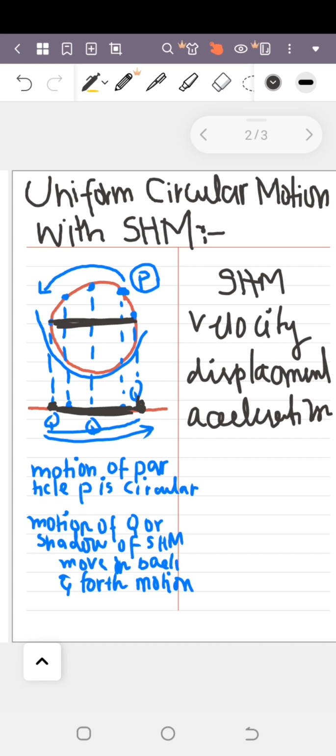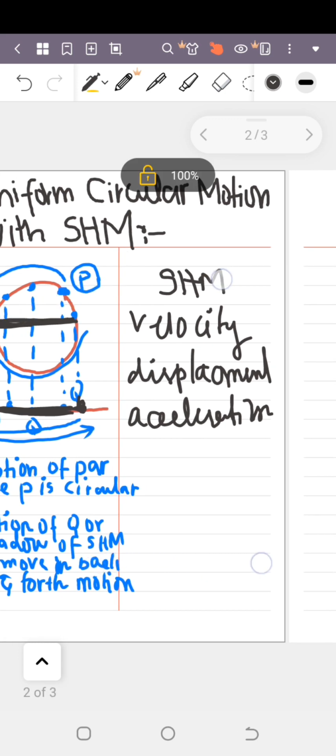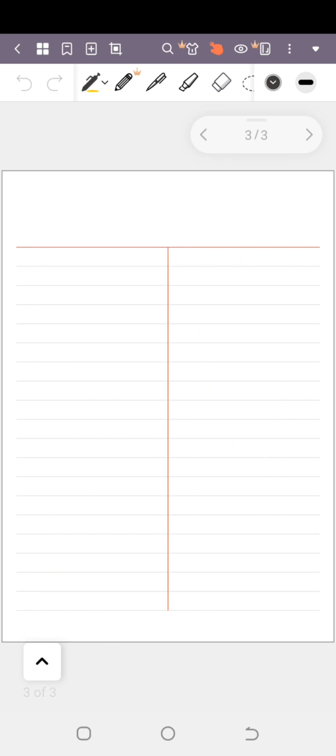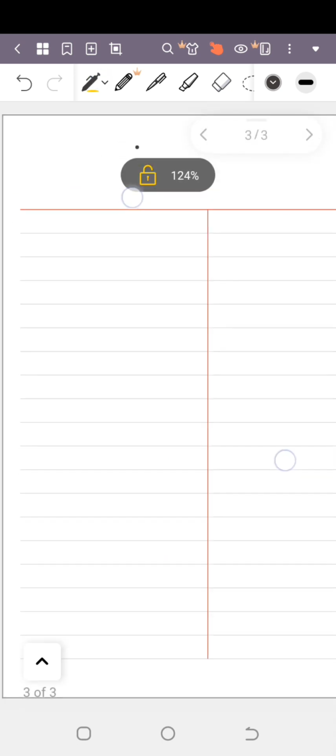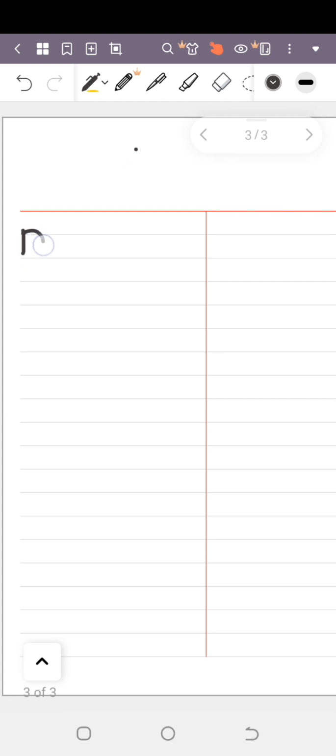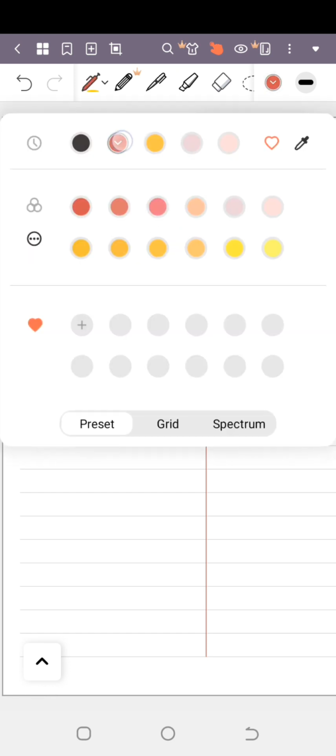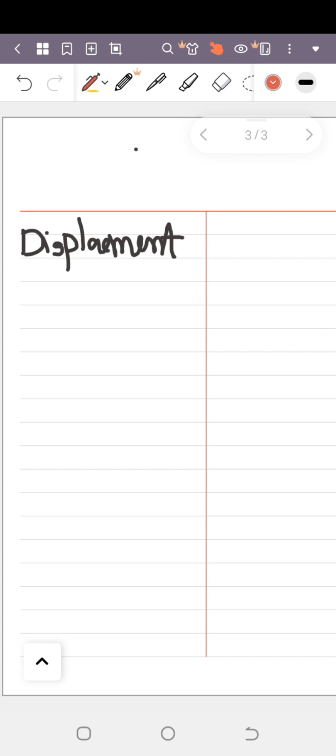Okay, so let's have a look first at the displacement. The displacement of a shadow.